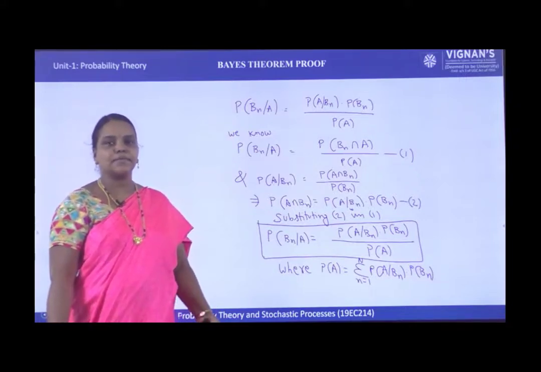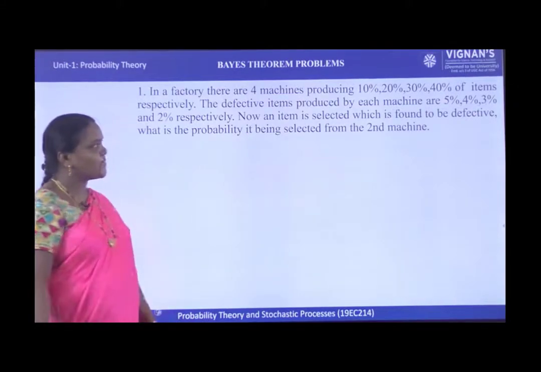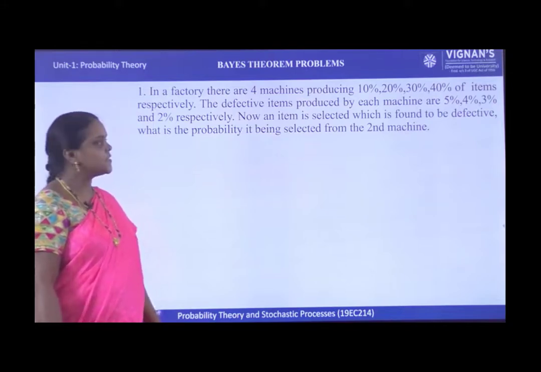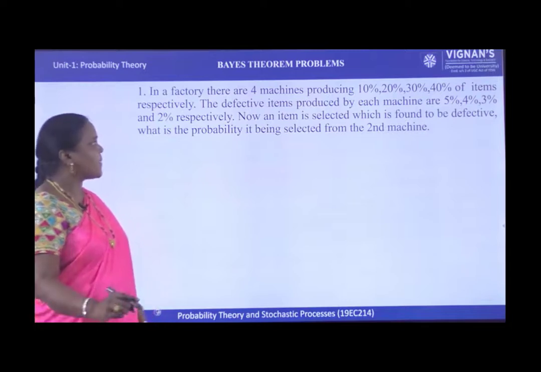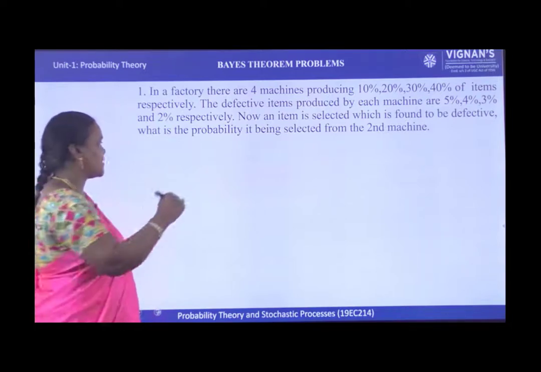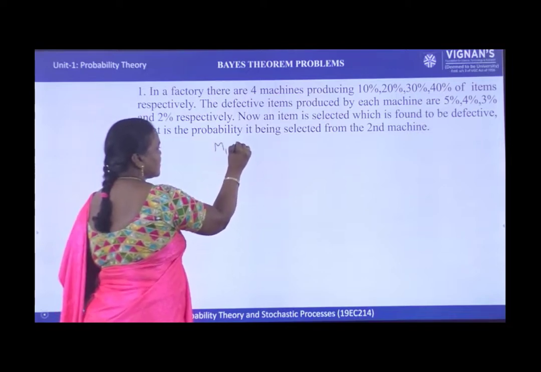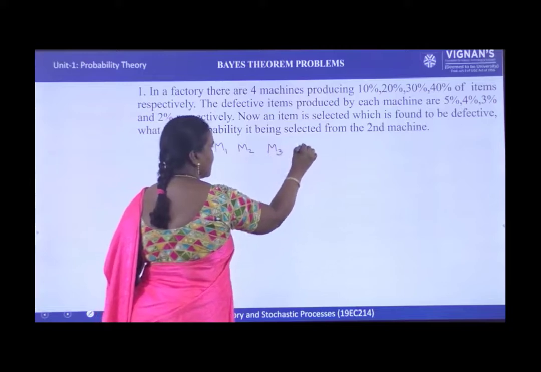Now let us solve some problems. In a factory, there are 4 machines producing 10%, 20%, 30%, 40% of items respectively. In a company, how many machines are there? 4 machines. Let us take those machine names are M1, M2, M3 and M4.